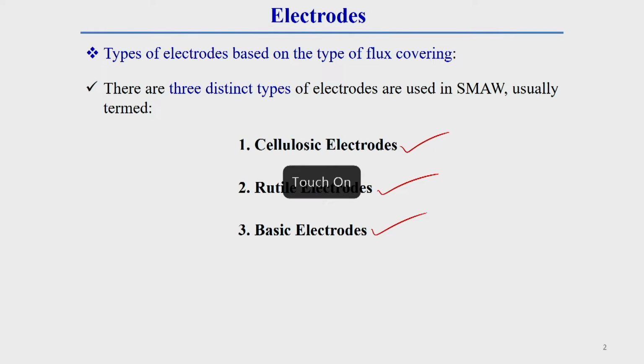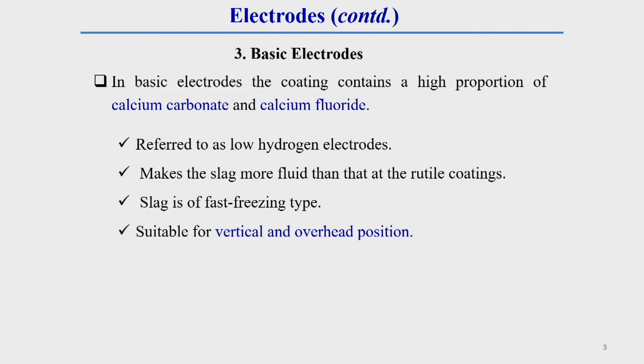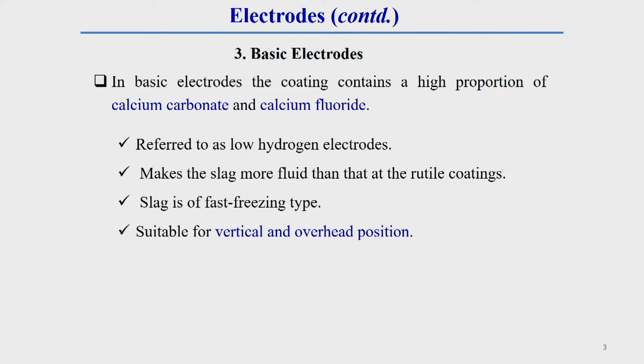This electrode generally contains calcium carbonate and calcium fluoride, these two components present in the flux constituents. Due to these two components, it has some very good properties which I will discuss subsequently. This electrode does not have hydrogen generation. That is why it is referred to as a low hydrogen electrode. This is the main characteristic of this electrode.